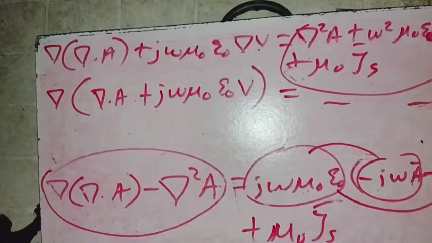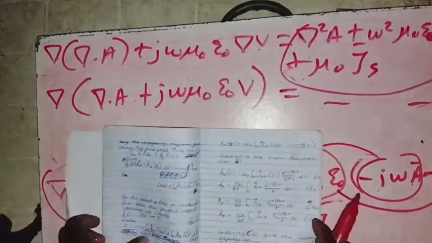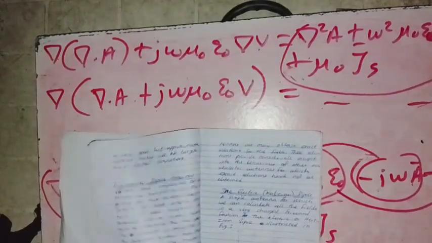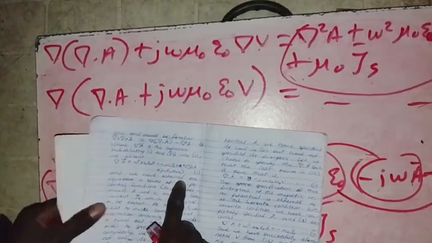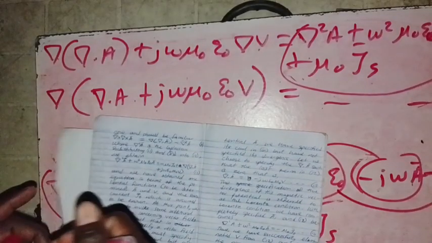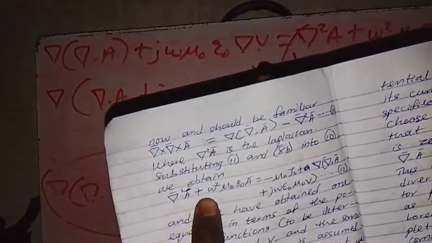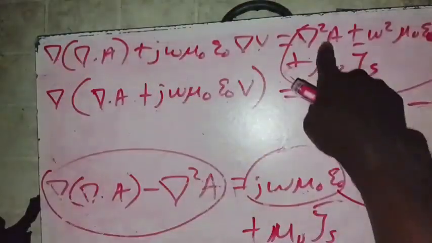Now, let's look at what we have in our notes. Looking at what we have in our notes, we can see that the Laplacian and this other one are put together, which is this.